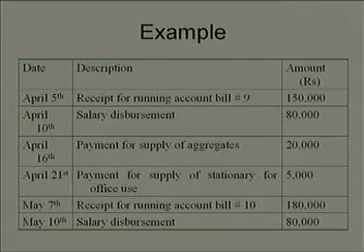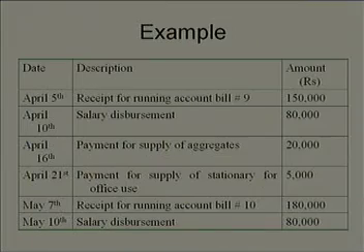Aggregates are the materials which you use for producing concrete, right. For this the company has paid 20,000 rupees, right. It could be dollar, whatever currency you can assume, right. On April 21st, the payment for supply of stationery for office use has been made, and this is equivalent to rupees 5,000.